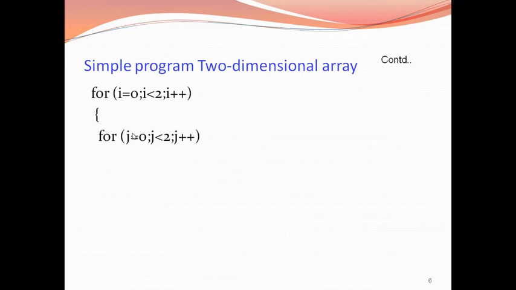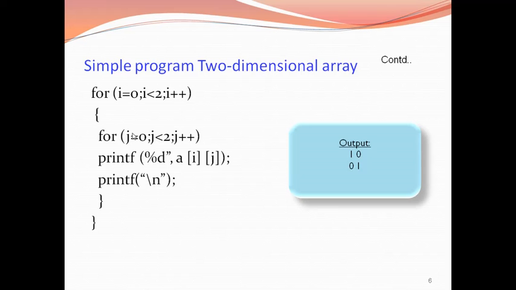For j equal to 0, j less than 2, j plus plus. printf("%d", a[i][j]). printf("\n") for getting a new line. The output is 1011. This is the expected output.